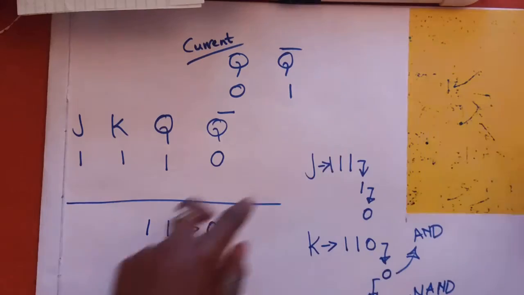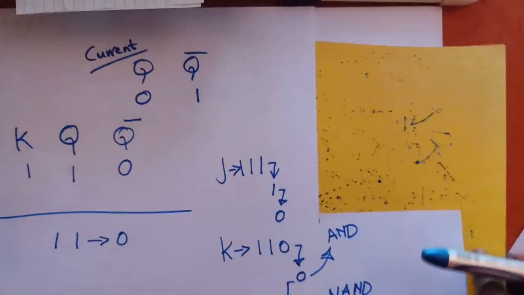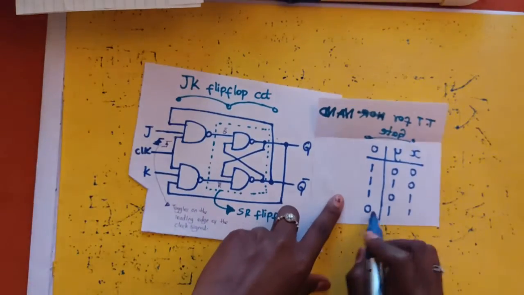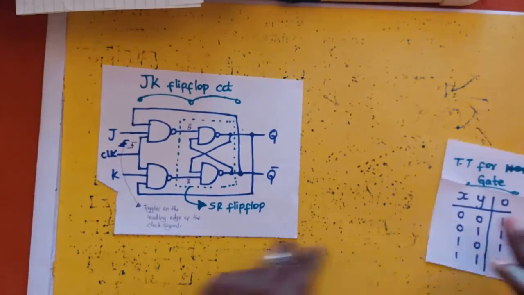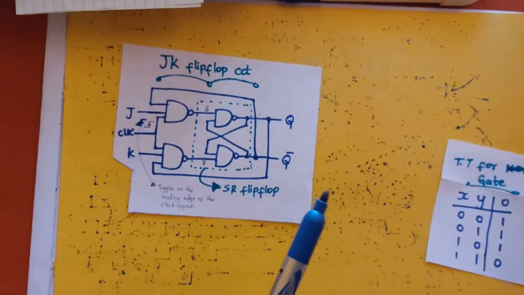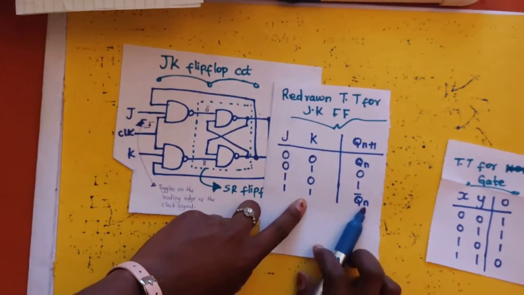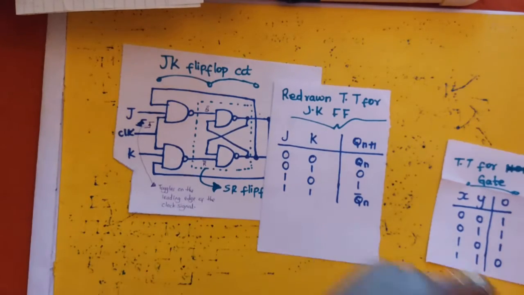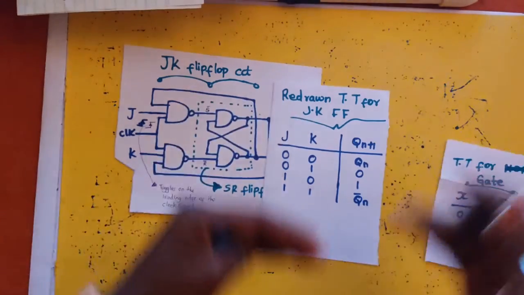From what we have looked at previously, let me put this back up so that we don't have a lot going on. In this last state, when we have 1 1, then we toggle. Instead, from the previous time, when we were looking at the SR, we did not toggle, but rather it was an invalid state because we would not know what was what.